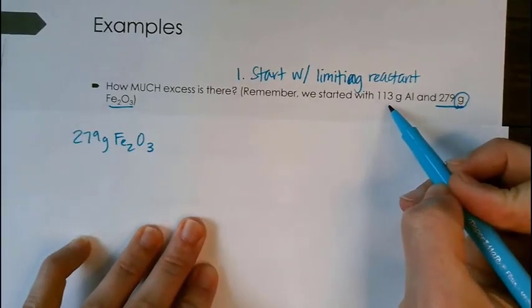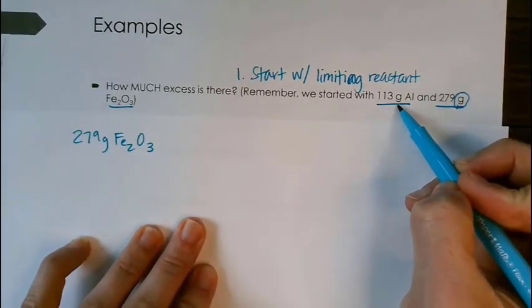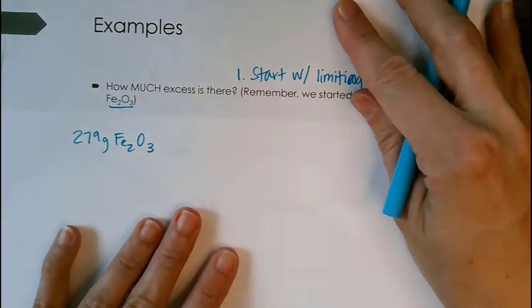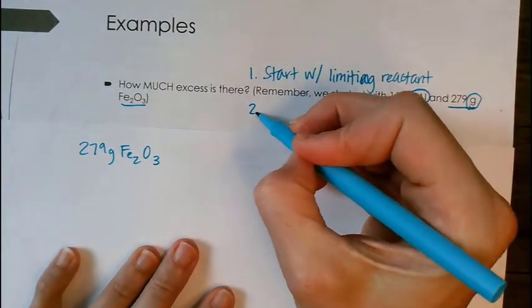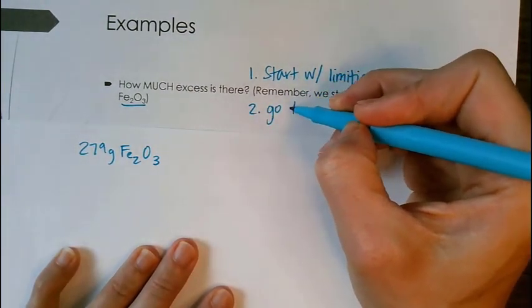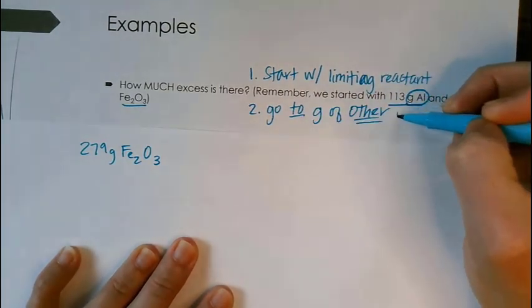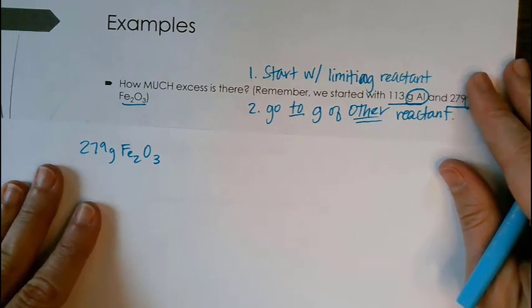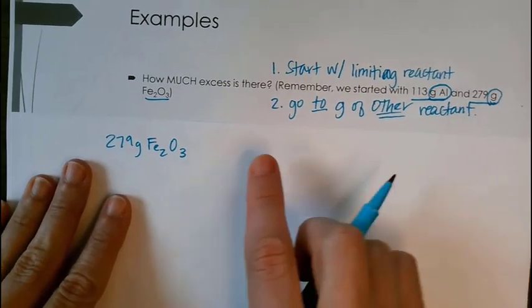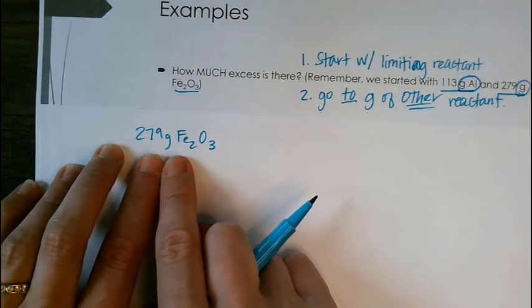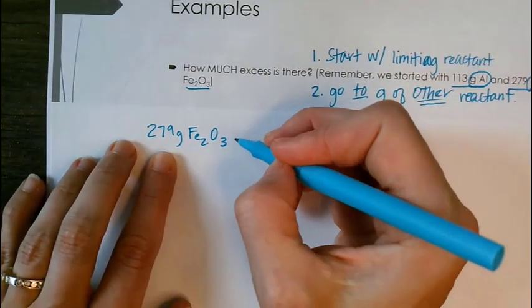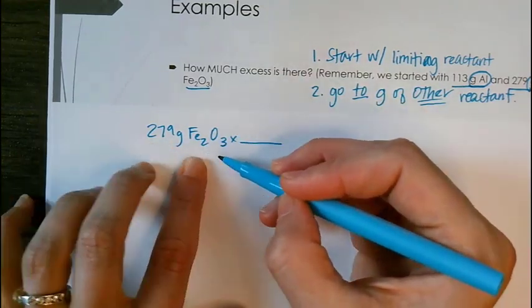Then number 2, go to grams of the other reactant. We already found how much yield I can create. In that last slide, we said we can only create 195 grams of iron. So we're starting with our limiting reactant, and we're going to see how much aluminum we actually need. We don't need all 113 grams of it.